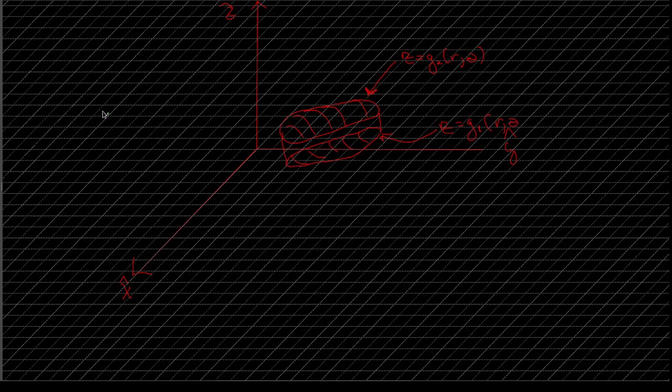So if we fall straight down from this, this has some shadowed region, R. And so there's the shadow region.